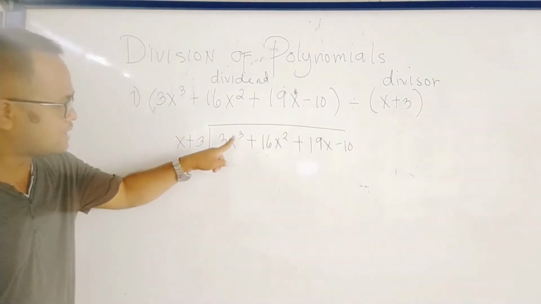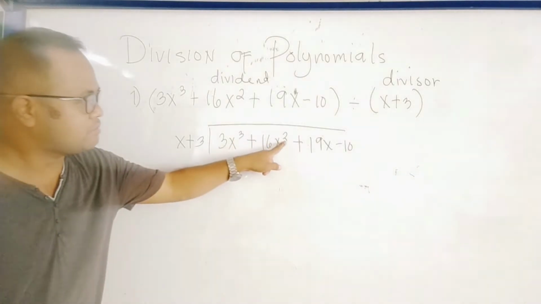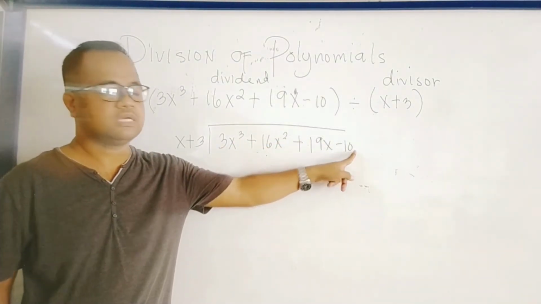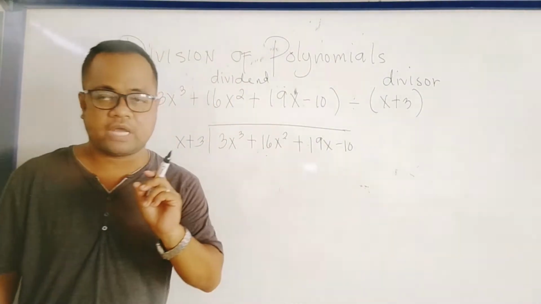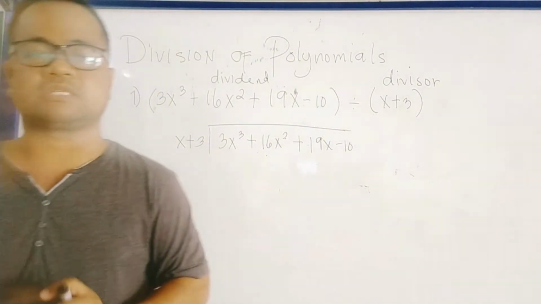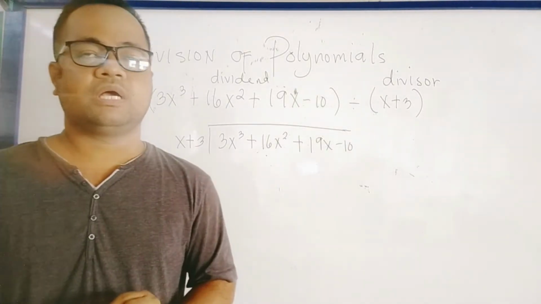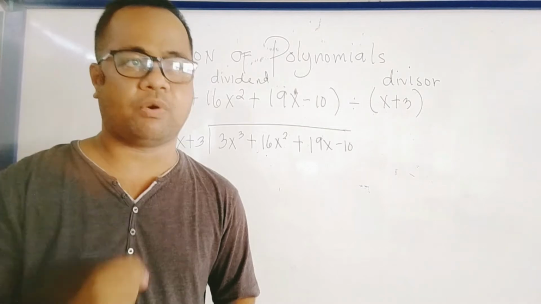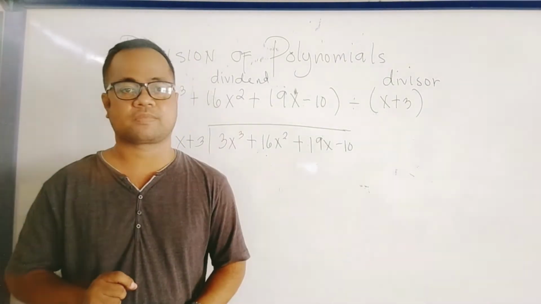We have here the exponent 3 followed by 2, 1, then we have here a constant. Constant means that the exponent of your variable x there is 0. By the rule, any number or variable that contains an exponent which is 0 is always equal to 1.